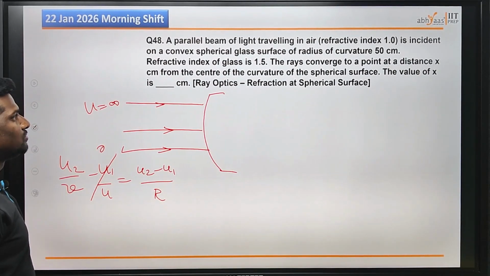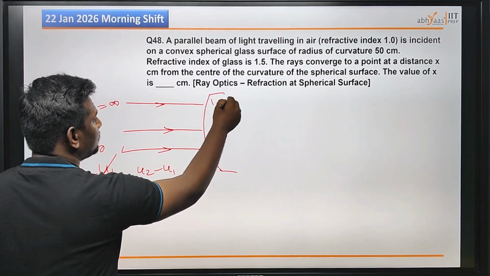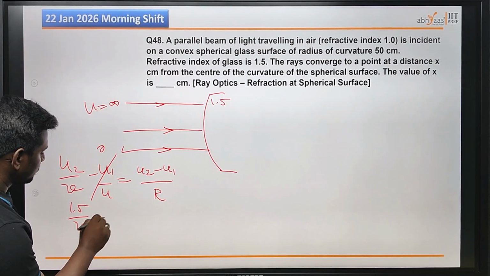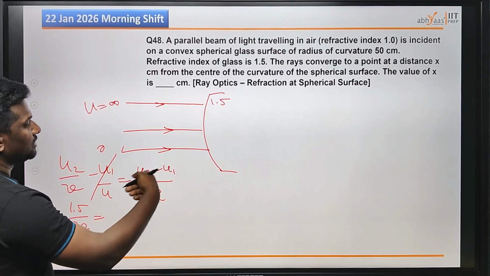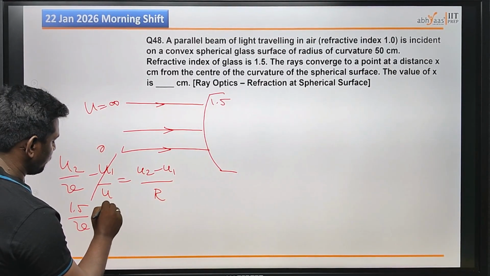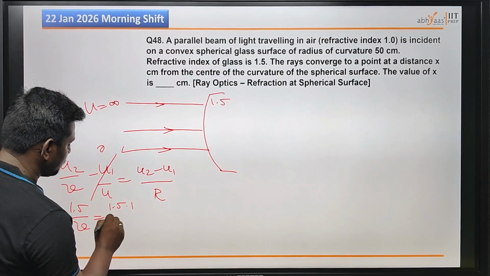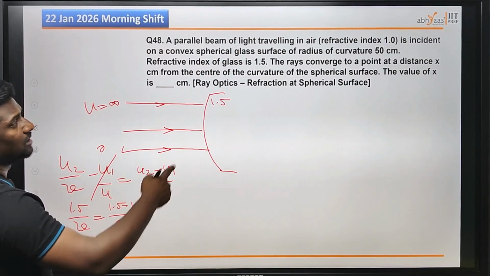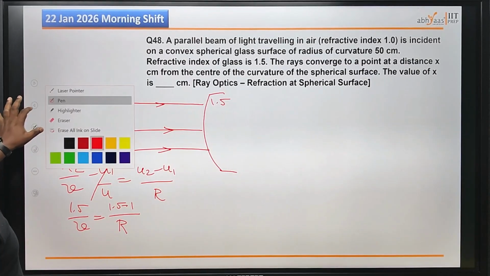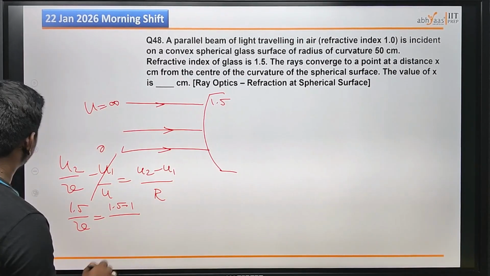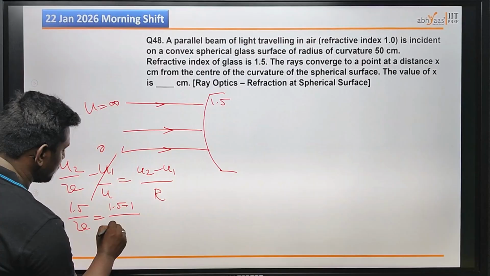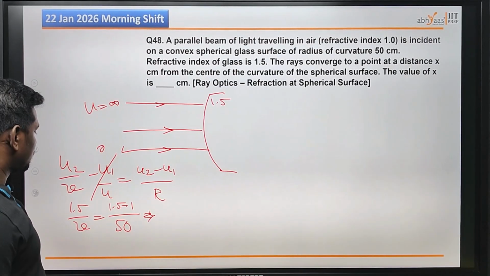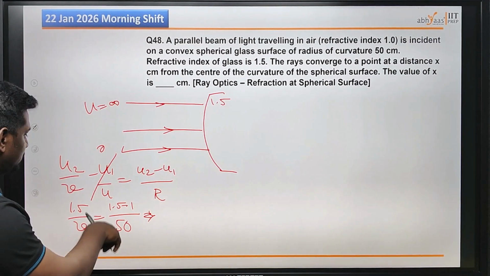What is mu2? mu2 is 1.5, so we get 1.5 by v equals 1.5 minus 1 by R. What is R? R is nothing but 50 centimeters.